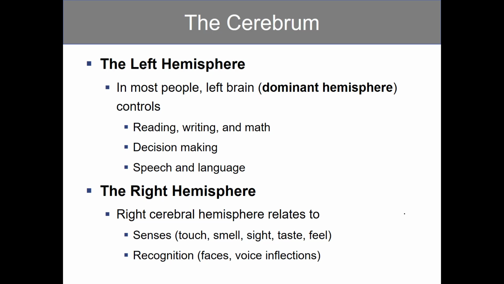They're going to relate to senses and recognitions. Probably a very crude way to break this down. I always consider folks who are more right hemisphere dominant to be more artsy. They're more in touch with emotions and senses, while the left hemisphere are more analytical.